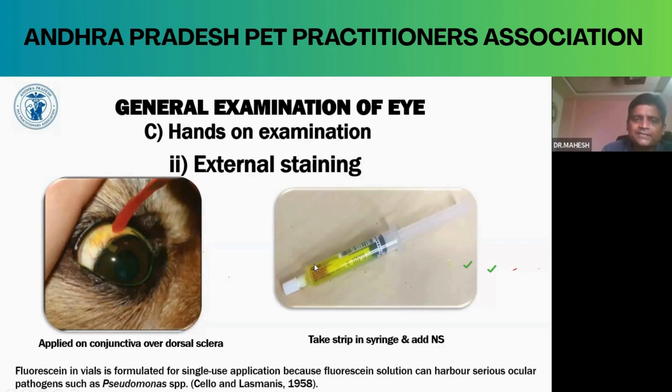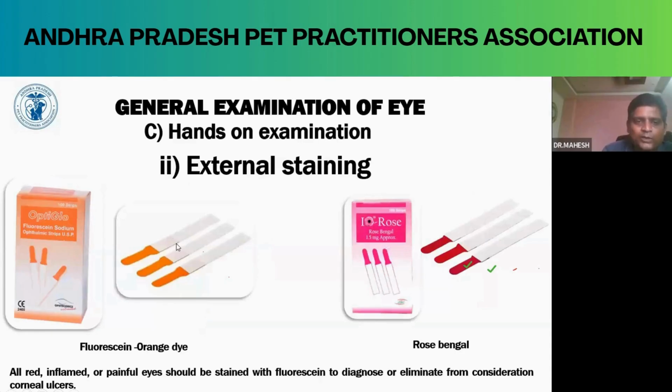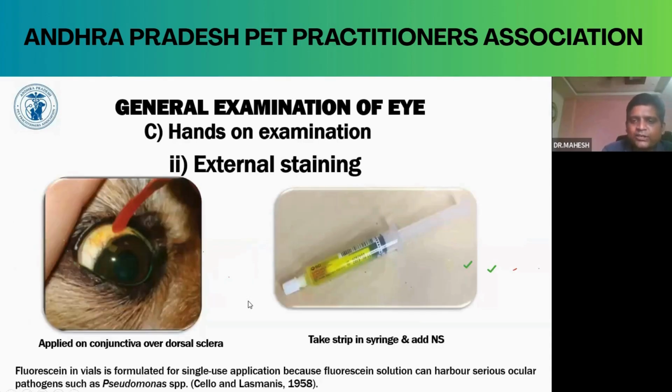The second way is you can cut the orange dye up to here, take it in your syringe, then take normal saline into that. It will give an orange, greenish dye color. We can put it like drops in the eye for examination of corneal ulcers.